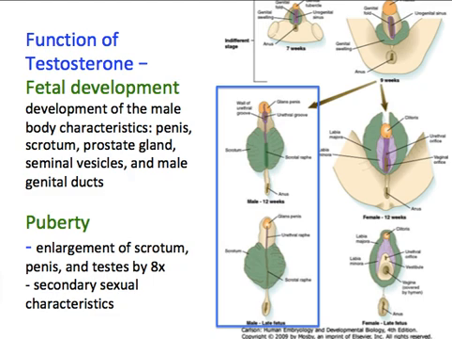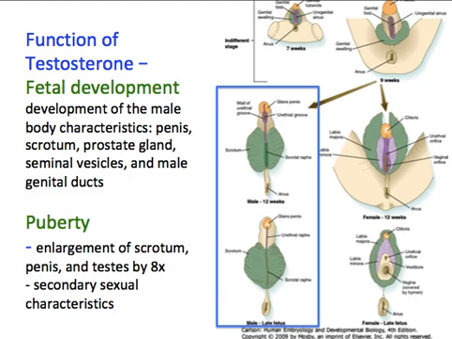As I mentioned earlier, it's very crucial in fetal development. During fetal development, that's the time where you develop your male body characteristics: the development of a penis instead of a clitoris, a scrotum instead of a labia, and the development of your prostate gland, seminal vesicle, as well as your male genital ducts.